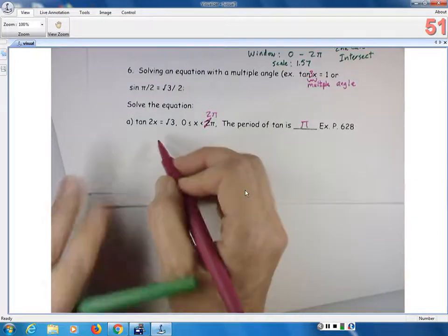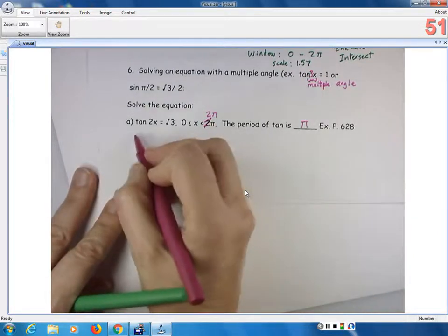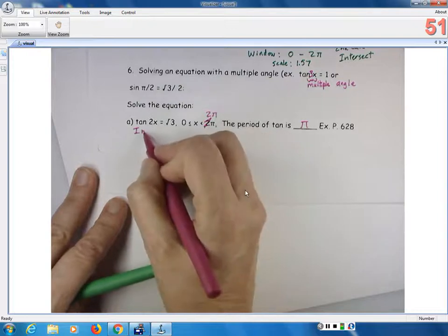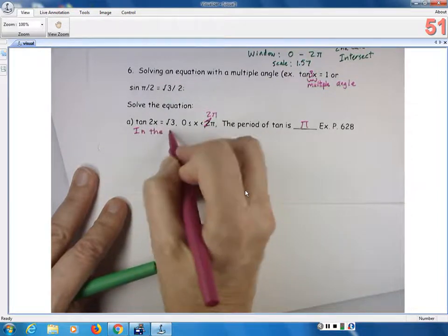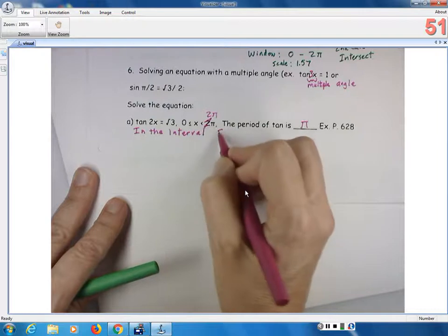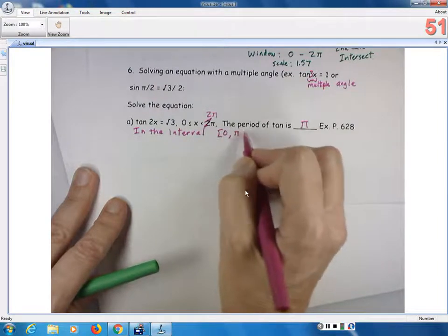Let's see. The period is pi, so let's look at the interval 0 to pi.